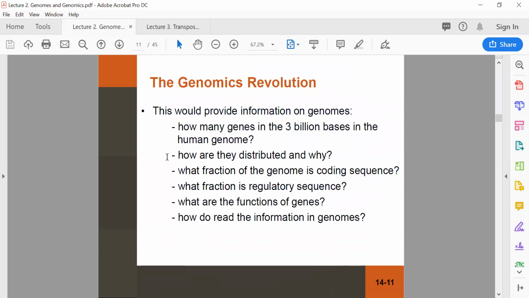How are those genes distributed and why are they distributed in such a fashion? What fraction of the genome is actually coding sequence and what fraction is non-coding sequence? What fraction of the genome is regulatory sequence? What are the functions of the genes? And how do we actually read the information that's provided in genomes?